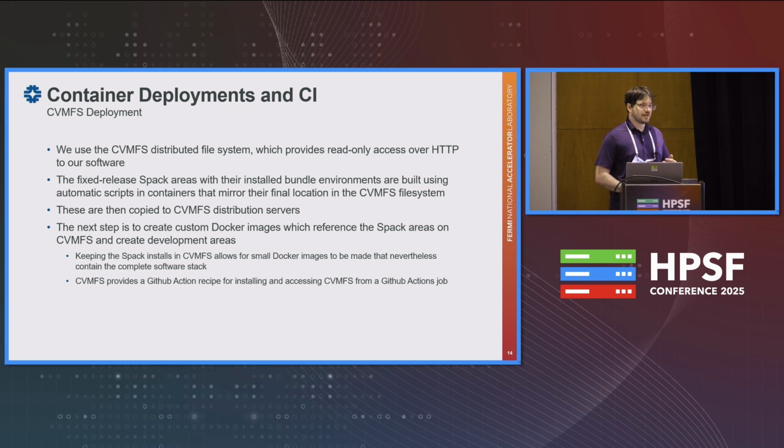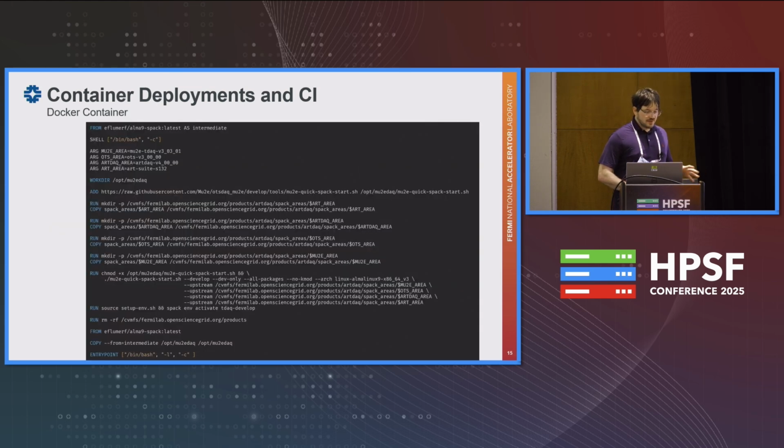So what we do is we make custom Docker images which have just our development environment, and I use a Docker intermediary here. So we copy the CVMFS area into the Docker image, do our build, so we have a single script which builds the entire release development environment, and then we delete it.